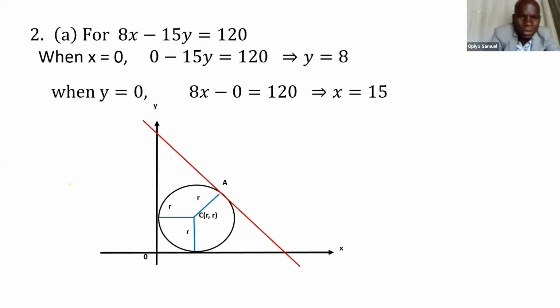This line, x squared minus 15, we need to sketch our problem. The problem is saying the circle touches the axis, and the center of the circle is in the first quadrant. That is touching. It's also touching the one.